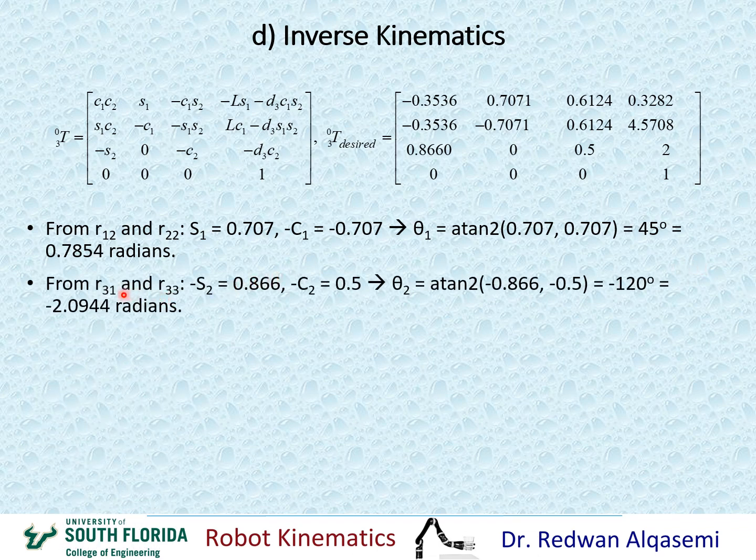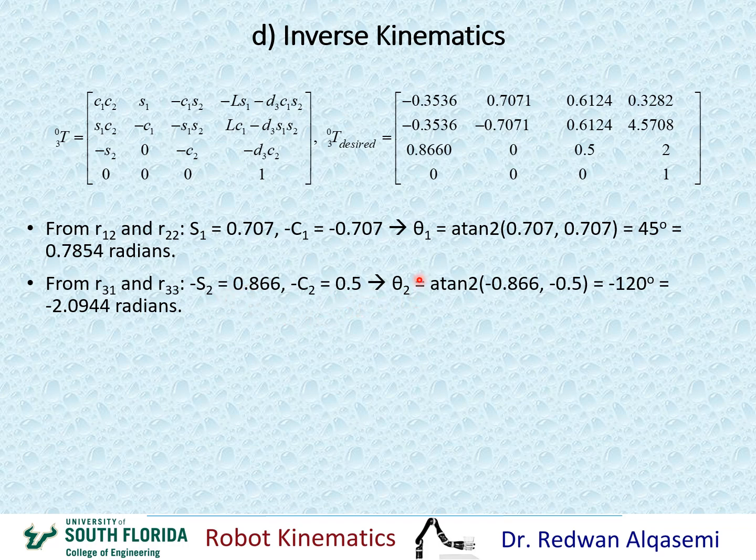Now for theta 2, I'm going to look at R32 and R33, and these are right here. R32 is negative sine 2, and R33 is negative cosine 2, and their equivalent in this matrix are 0.866 and 0.5. So I put negative sine 2 equals 0.866 right here, and negative cosine 2 equals 0.5 right here. Remember, I need to get sine 2 and cosine 2, so both of these negative signs have to go to the right side of the equation.